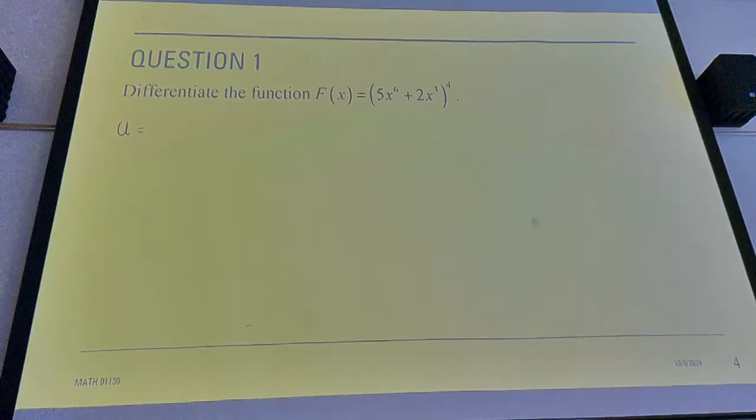Inner function, what is u? 5x to the 6th plus 2x cubed. Now write your function as a function of u. y equals what?